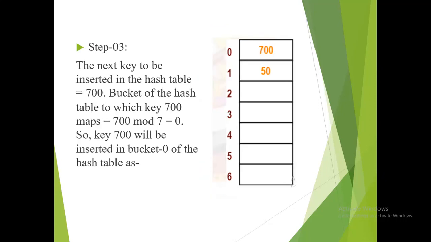Next, the key to be inserted in the hash table is 700. The bucket to which 700 maps is 700 mod 7 equal to 0. So key 700 will be inserted in bucket 0 of the hash table.